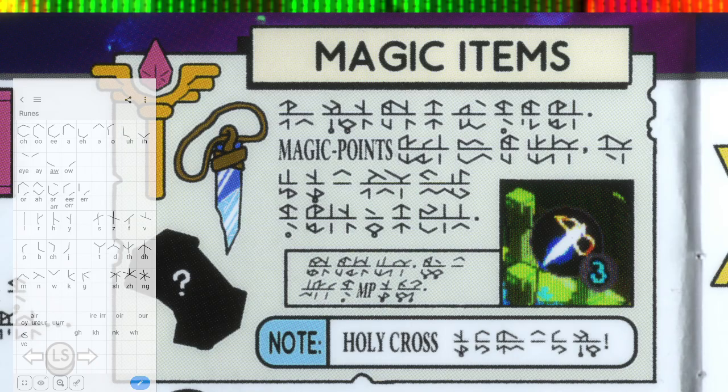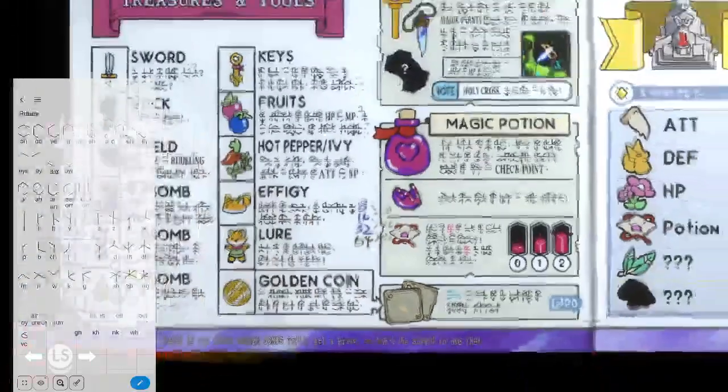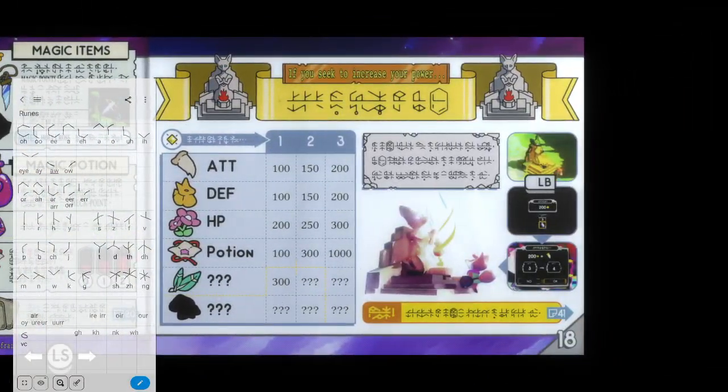Holy Cross is more than a mere item. That's the part of that page I wanted to read.